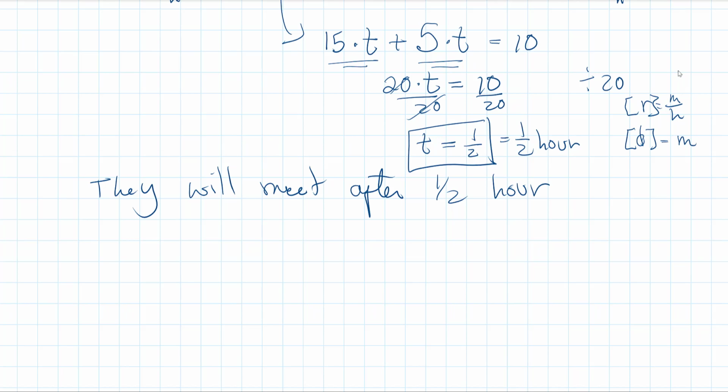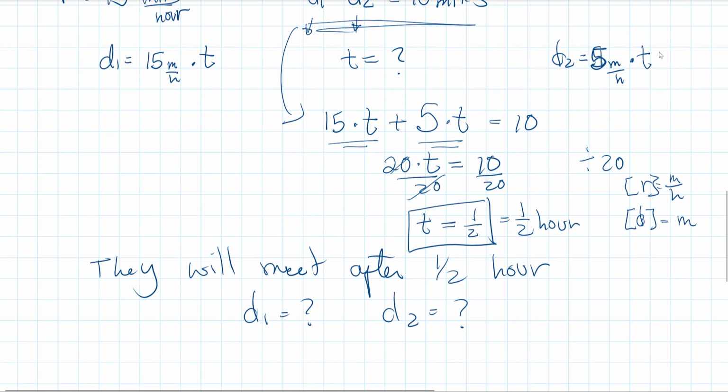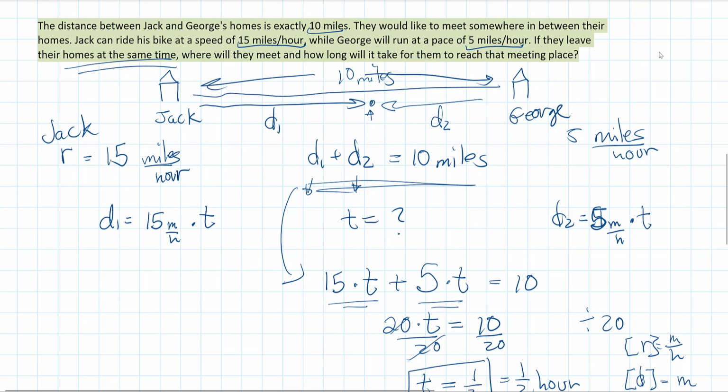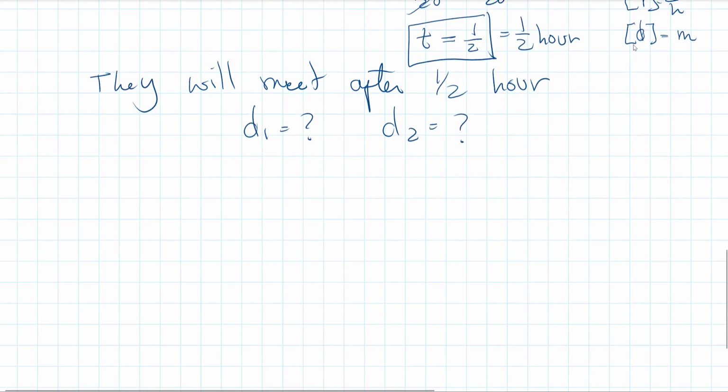Now, the other question was, where will they meet, right? The question is, what is D1 and what is D2? Well, we can use, again, our formula. Let's move back up here. Remember our formula, that D1 equals 15 times t and D2 equals 5 times t.